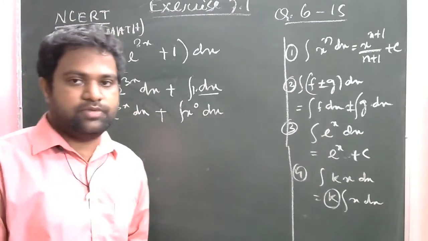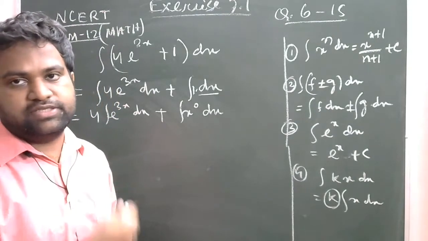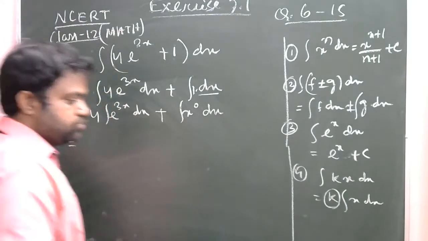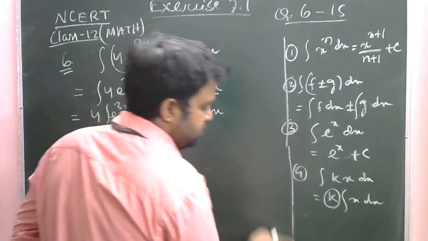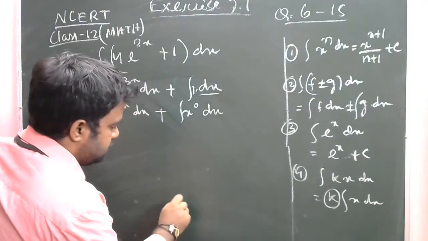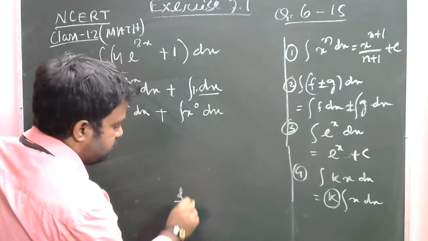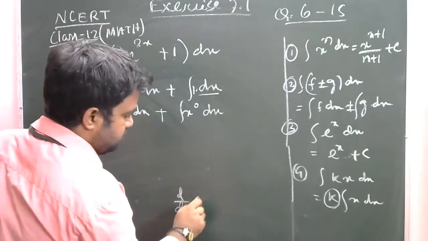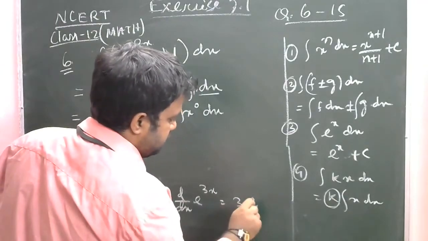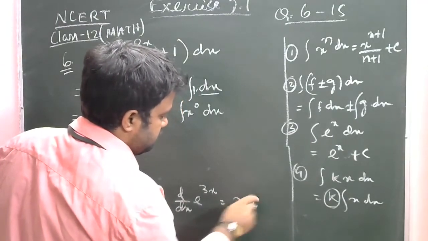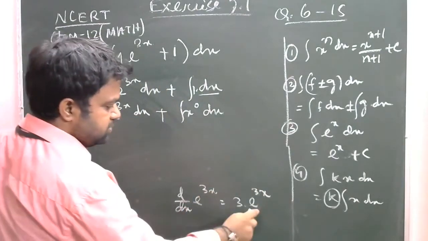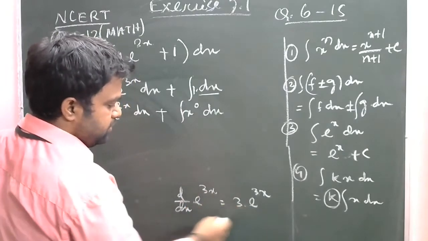In this exercise 7.1, we will not use the substitution method, but you remember that without substitution also, by the method of inspection, you can solve. I am giving you one example. Suppose the derivative of e to the power 3x is 3e to the power 3x, that is, e to the power 3x into the derivative of 3x, which is 3, by using the chain rule.